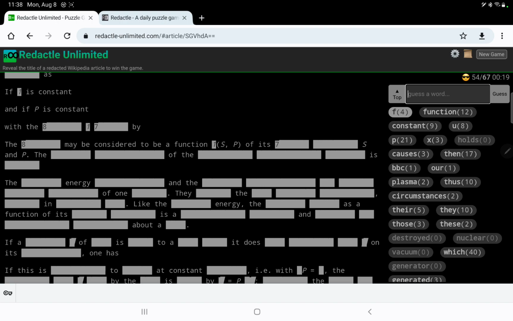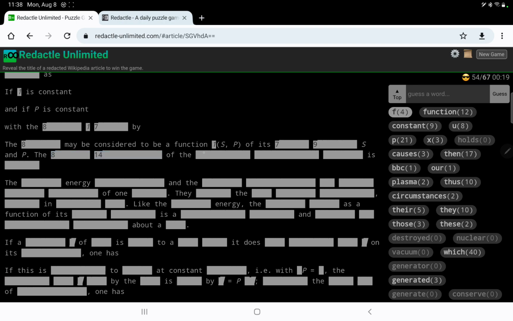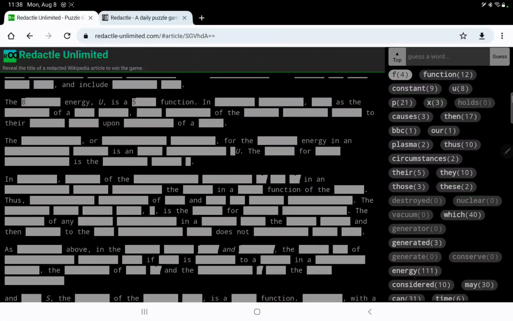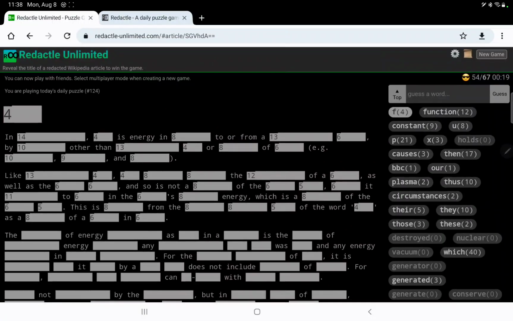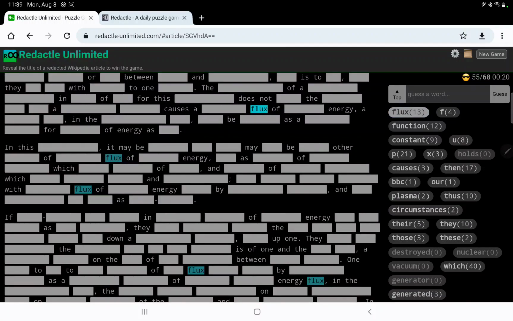Yes, F, no, of its 7, 9, S, and P. Well, this is all fascinating stuff, but not really getting me any closer. So we're looking for some word that is energy in, well, I'm going to try flux, causes a something flux of something energy.